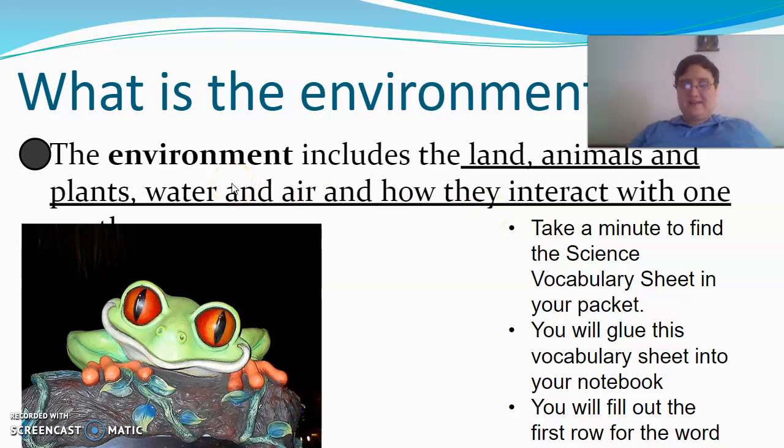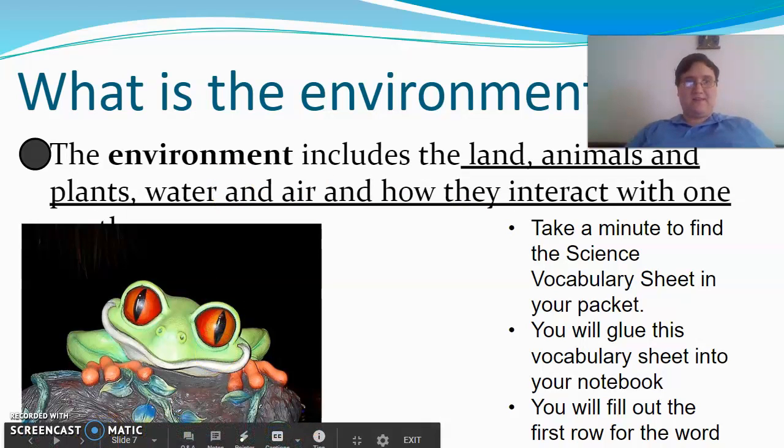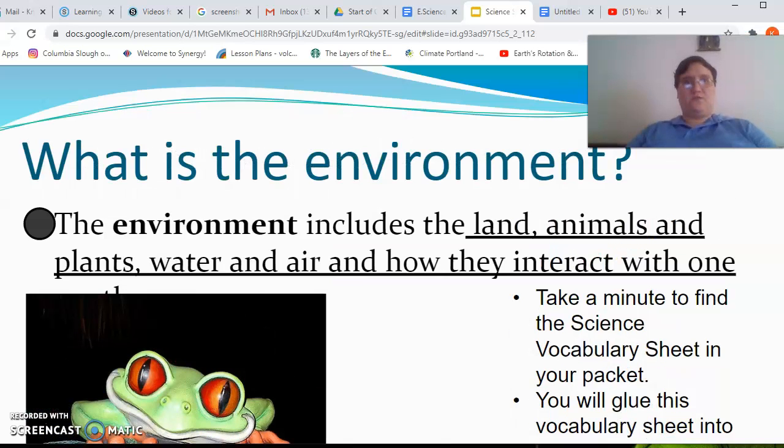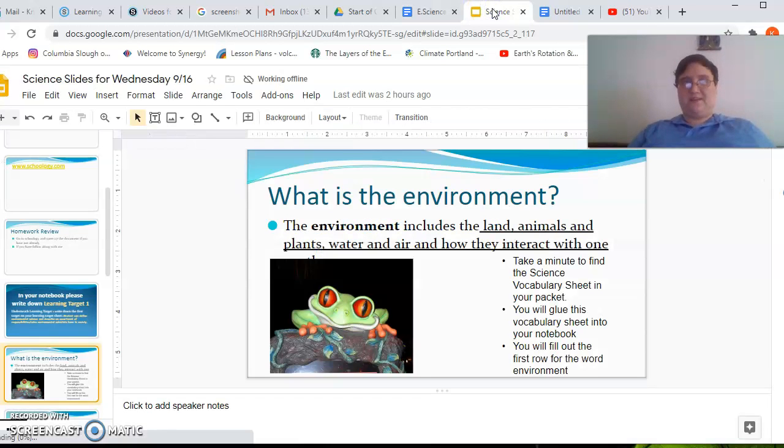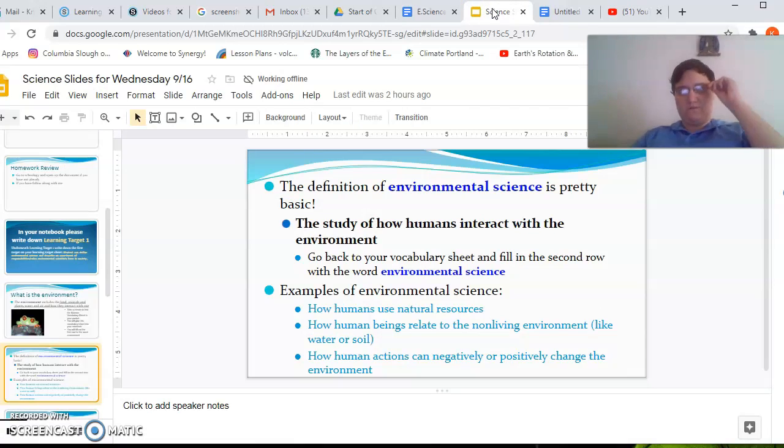The next definition you're going to write down for me is environmental science. That's going to be the second one. Again, it is learning target 1, and the definition can be found on the next slide. The definition of environmental science is pretty easy: the study of how humans interact with all of those things that we just said were in the environment.